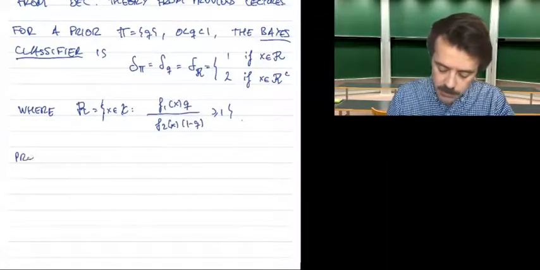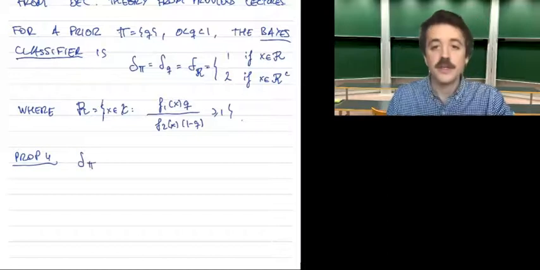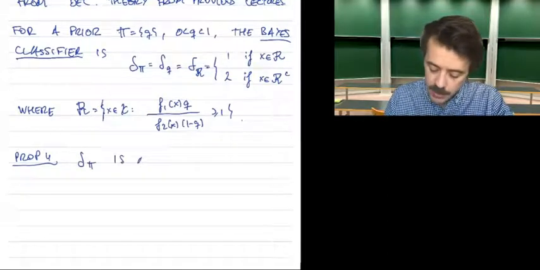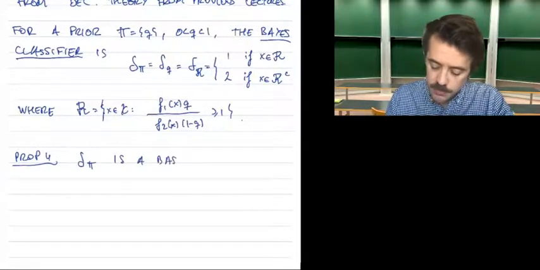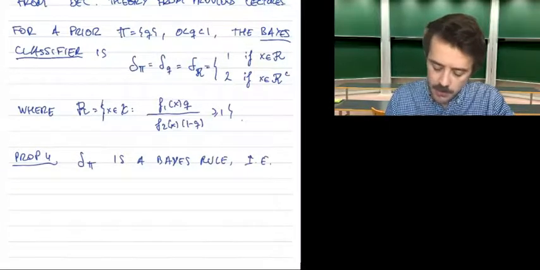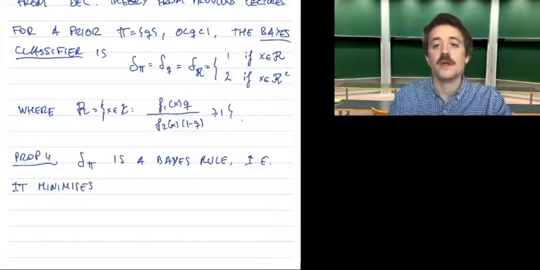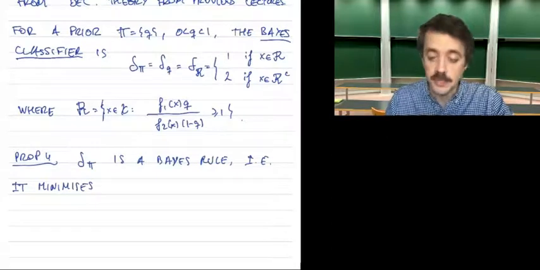So proposition 4. This delta pi is a Bayes rule. In other words, it minimizes the Bayes classification risk.